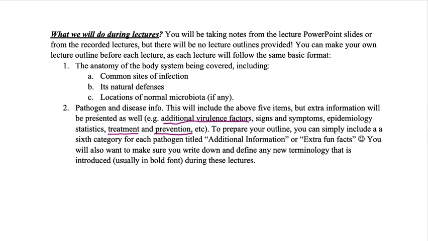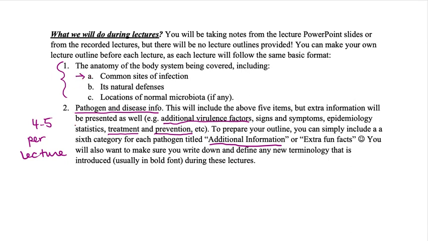All right, and then in addition to the pathogens, there's going to be 4 to 5 pathogens per lecture. And within those 4 to 5 pathogens, you'll need to know the 5 things and the additional info. But at the beginning of each lecture, we are going to be studying the anatomy of that body system as well, including the major parts.